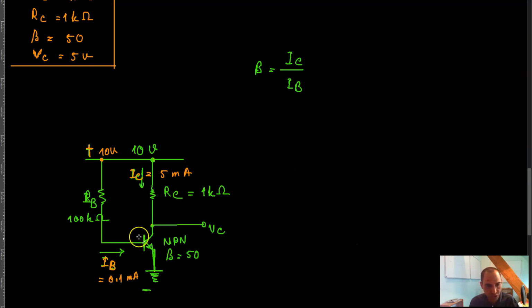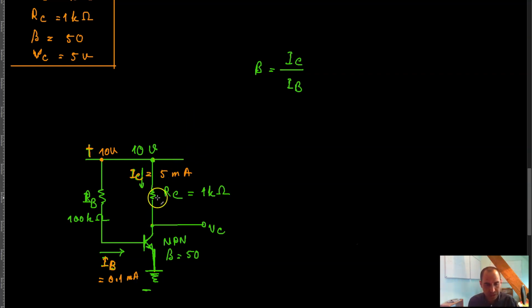The voltage drop across this PN junction and the voltage drop across this resistor, when you add them together, should add up to the power supply voltage, because these two are in series and connected to the power supply of the circuit, right?